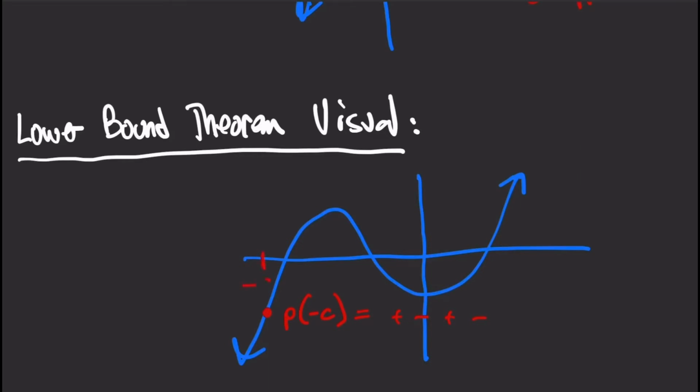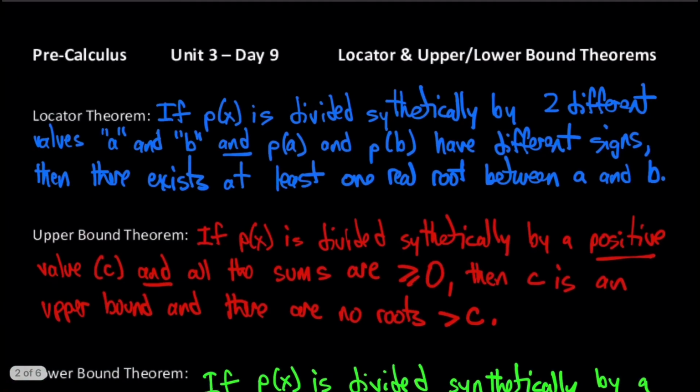So what that tells me is that negative C is a lower bound. This will never come back and cross the x-axis. It's just going to go on to negative infinity. So I wouldn't bother trying any values less than negative C. I would only try values greater than that. And that's called a lower bound. So now we've got these three theorems.